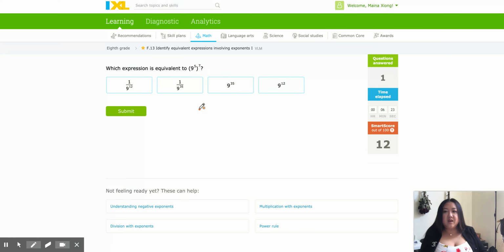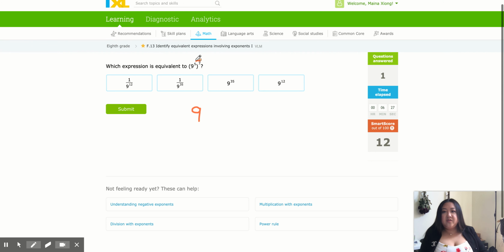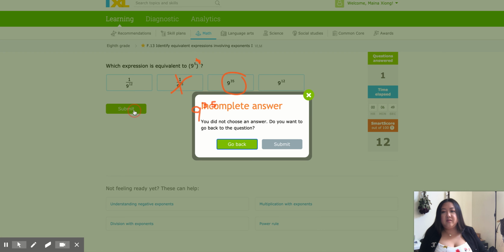So in this case, I would do 5 times 7, and 5 times 7 is 35, all right? Don't get tricked. Do not turn it into a fraction. It only turns into a fraction if it's a negative exponent. All right, but it's not.